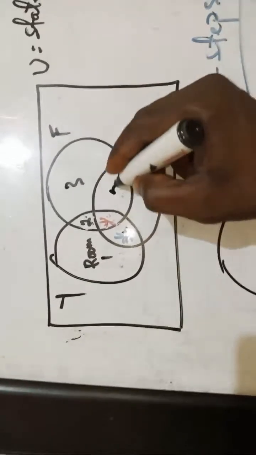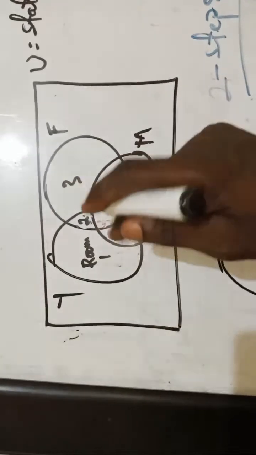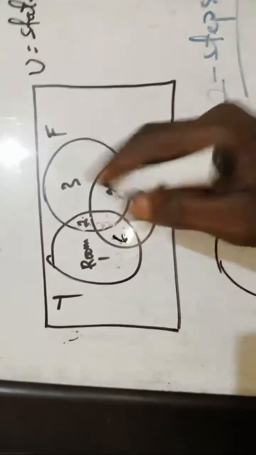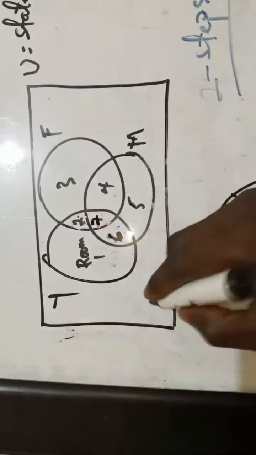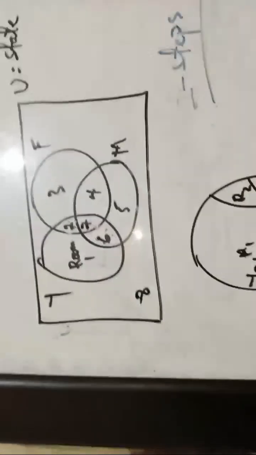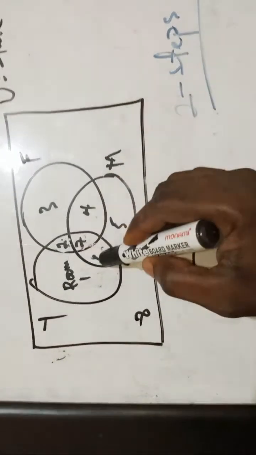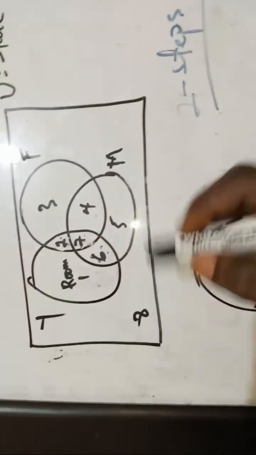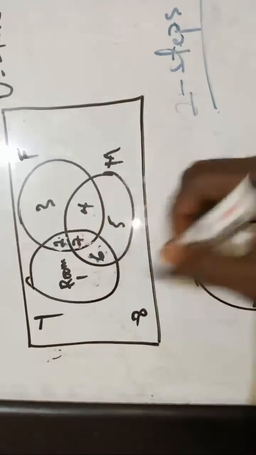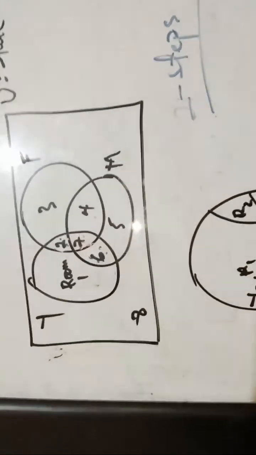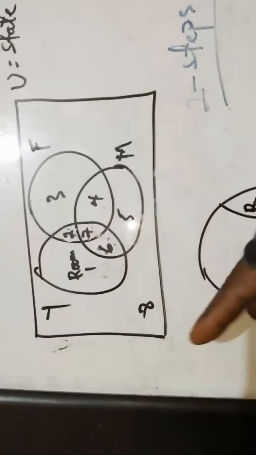Let's say here is room 4, and then here room 5, room 6, room 7, and finally room 8, right? So now talking about room 2, room 4, and then room 6, there are 2 ways of representing all the information given to you. Is that okay?